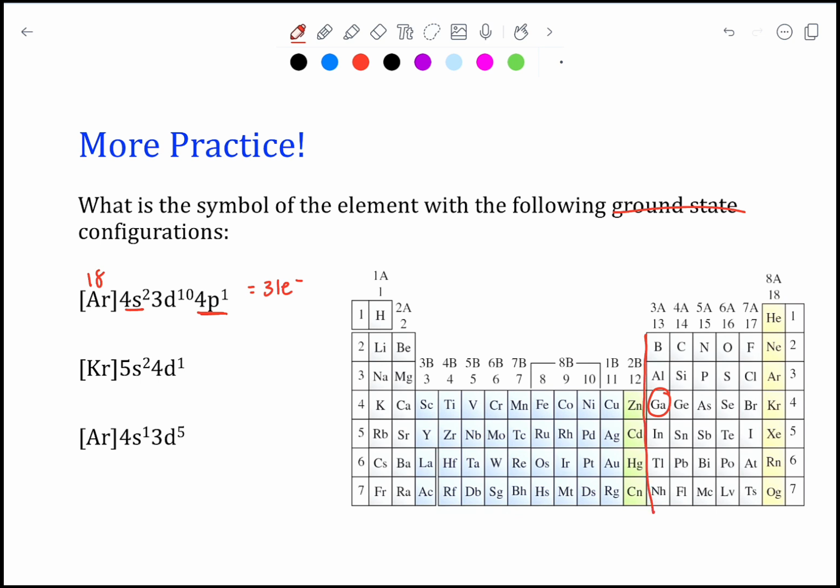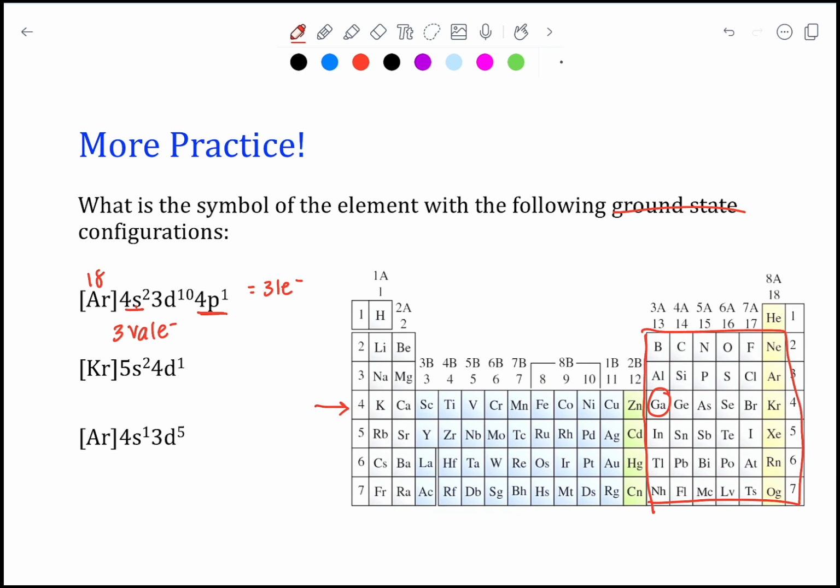You can also say, well, its last electron is in a p orbital, so we know it's in the p block. And because p block elements have their valence electrons in the s and p, it has 3 valence electrons. Okay, and because that last electron comes in the 4 shell, we're going to be in row 4.